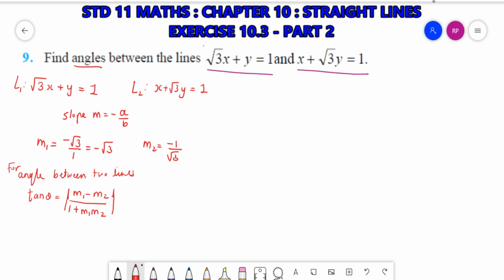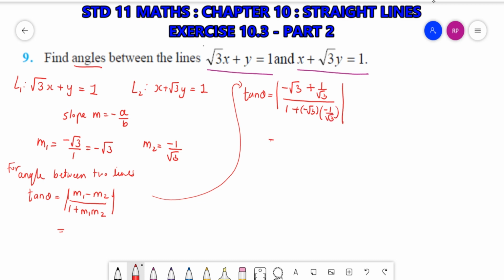Clear? Okay. So now this will be equal to, what is m1? That is minus root 3. Tan theta is m1, that is minus root 3, minus m2, minus 1 by root 3. So this will be equal to 1 by root 3 plus 1 by root 3 upon 1 plus minus root 3 into minus 1 by root 3, that is m1 m2.